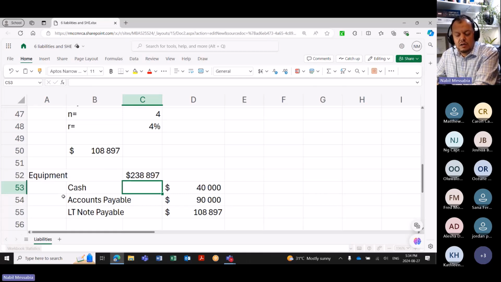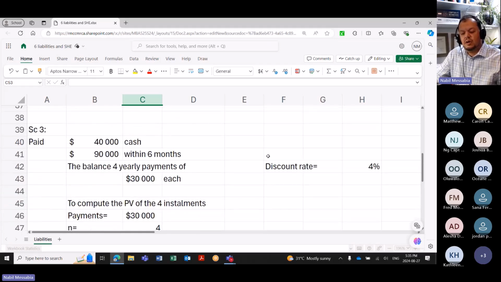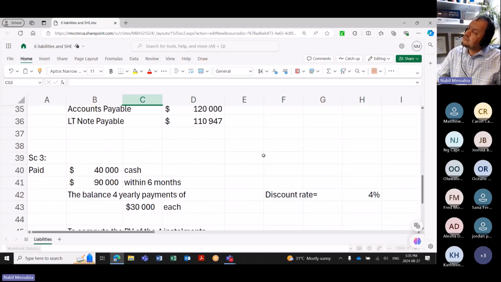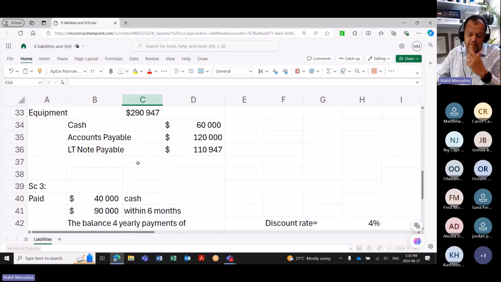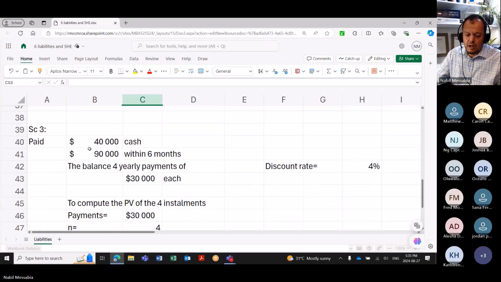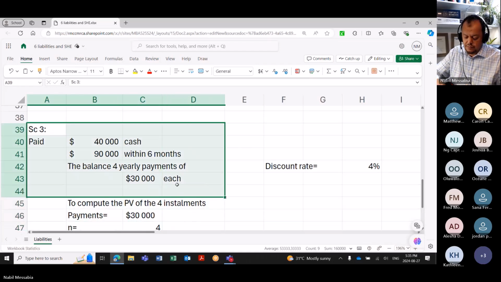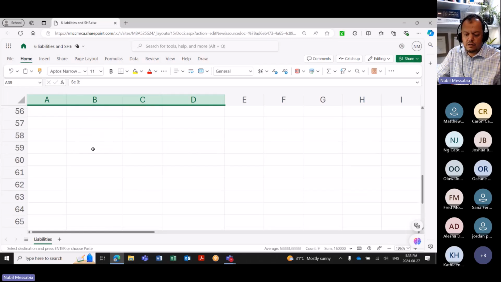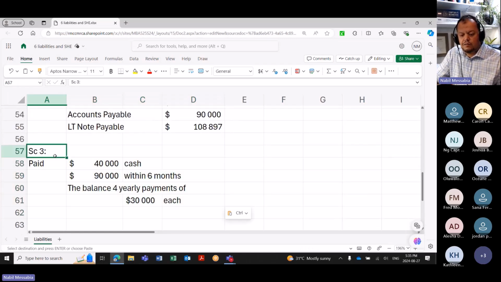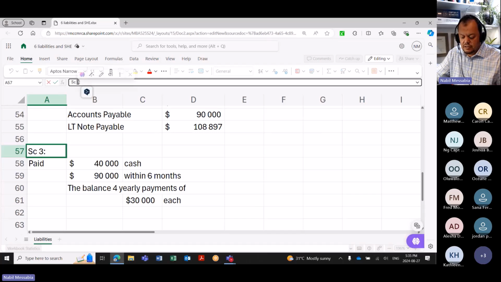So this is another scenario of payment. So let's do another one, for example. What can we do as a different scenario? Let's say scenario 4. Nothing is paid cash here in this scenario 4.